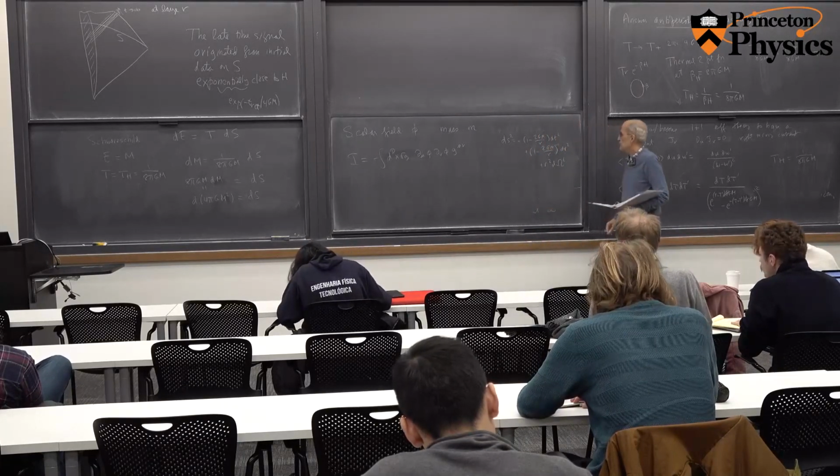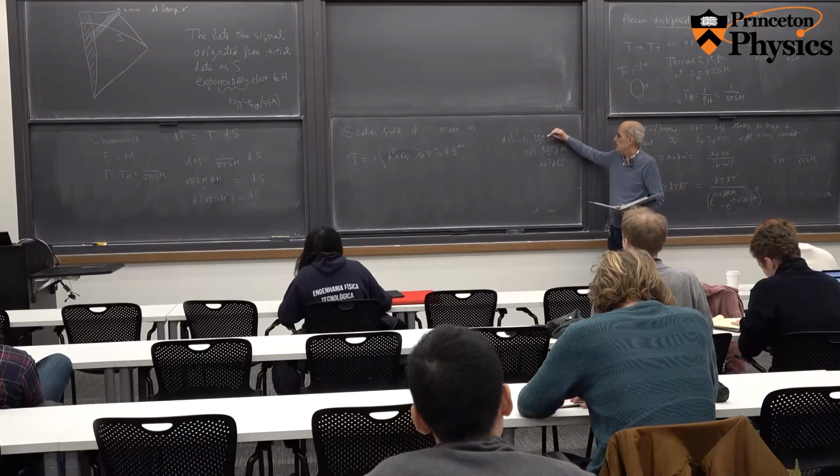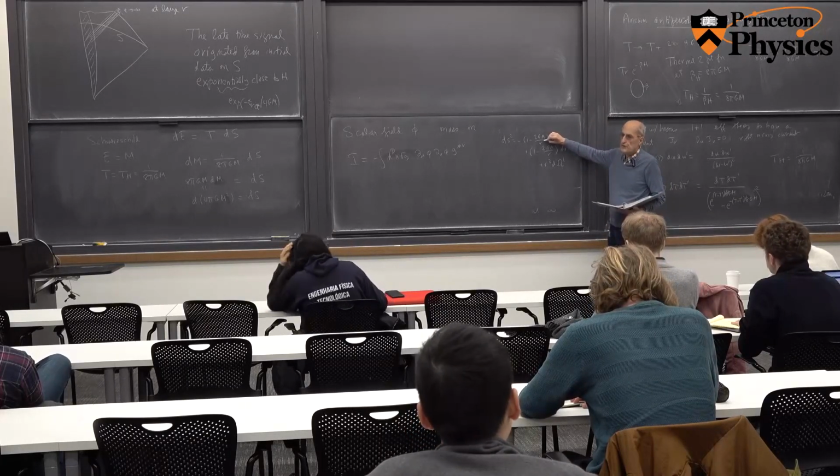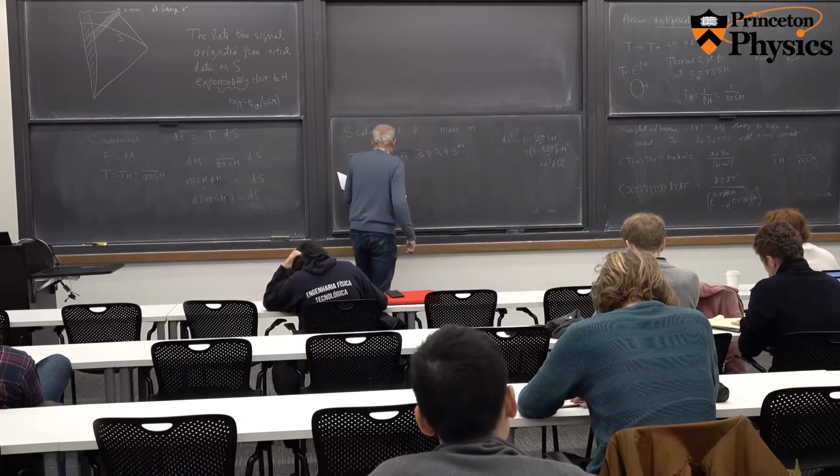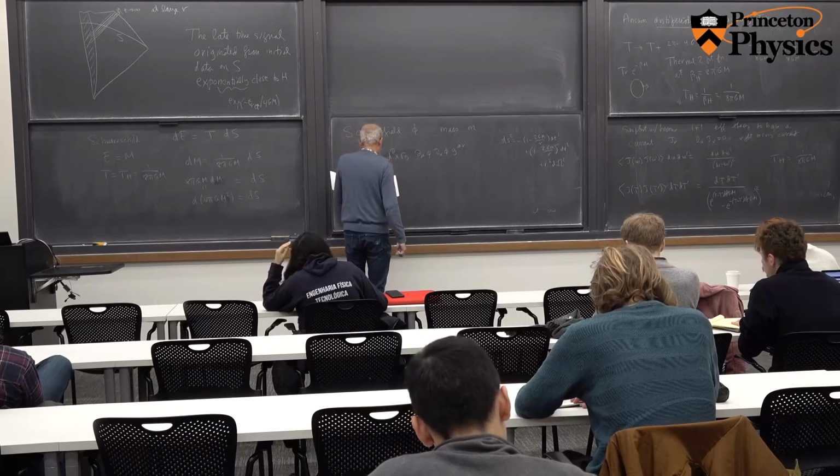Actually, when I write this Schwarzschild metric, I keep doing it in 4 dimensions. In d dimensions, it has the same form with a different function here. And the precise function isn't actually very important for what we're saying, but I will write 4-dimensional formulas.